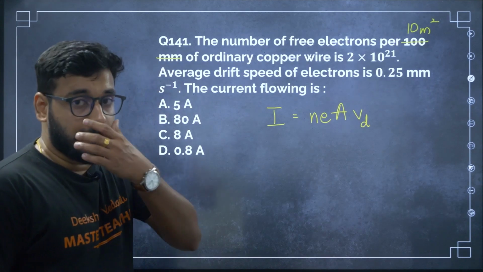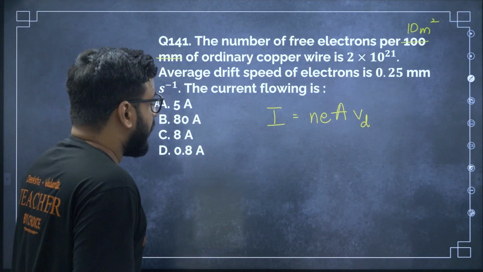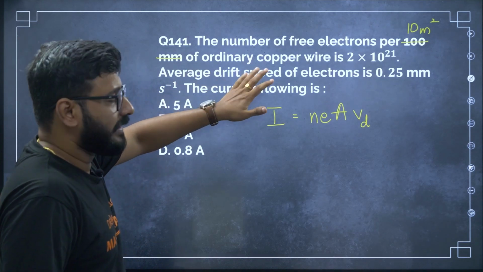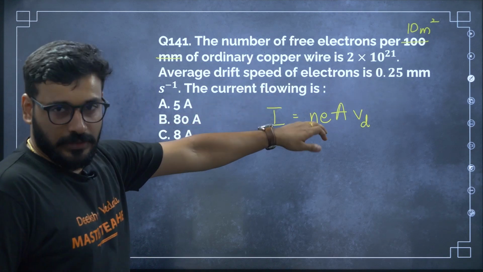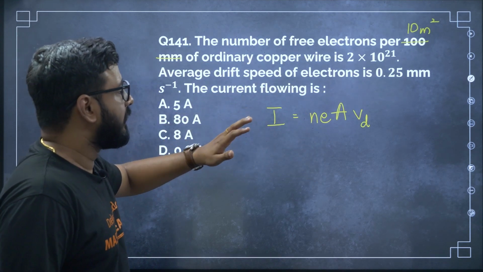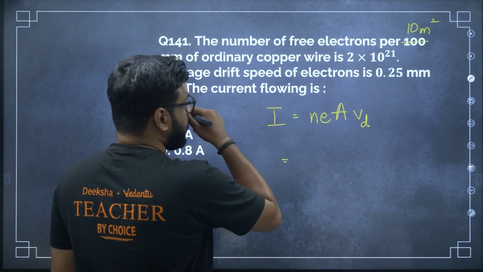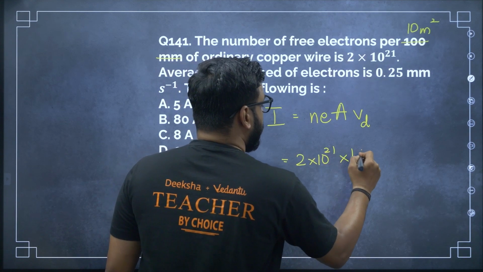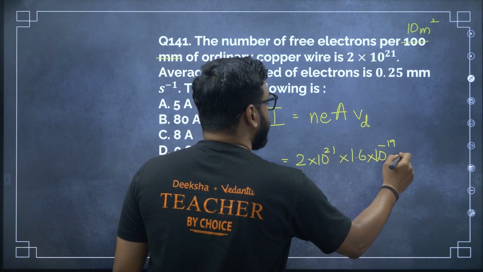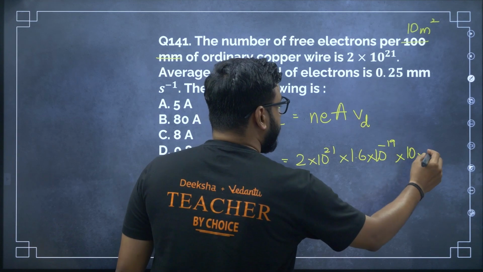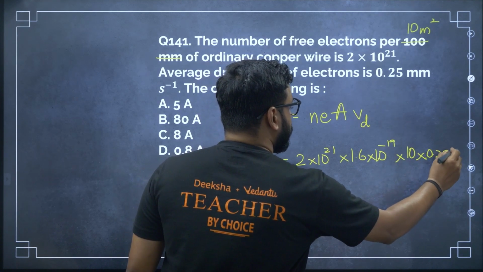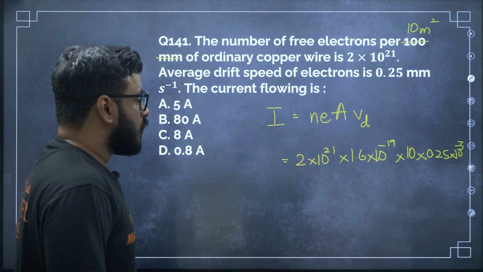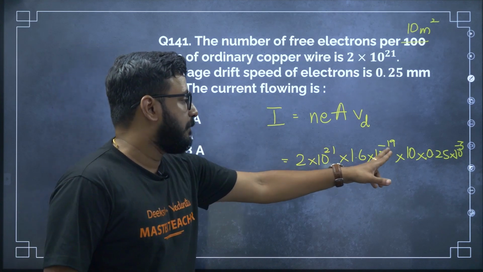Maybe you can use the density quotient as well, but just for your ease, take it as 10 meter square, and then substitute the other things as they are: 21 into E, which is 1.6 into 10 to the power minus 19, into area, which is 10, into VD, which is 0.25 mm, so it is 10 to the power minus 3.